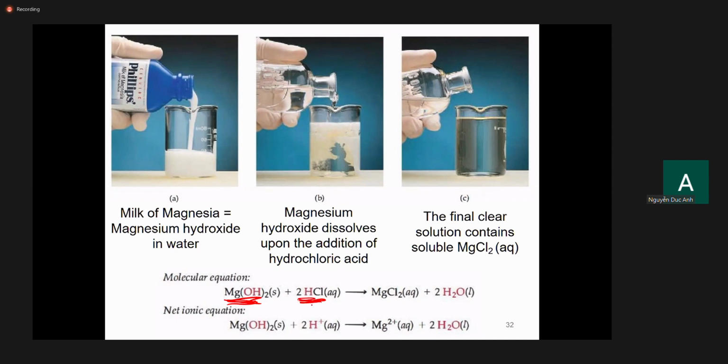It reacts with an acid, and now you form water and a soluble substance. By that way, you will form a transparent solution, as you see here, from a blind system, sorry, and then you will get a transparent solution.